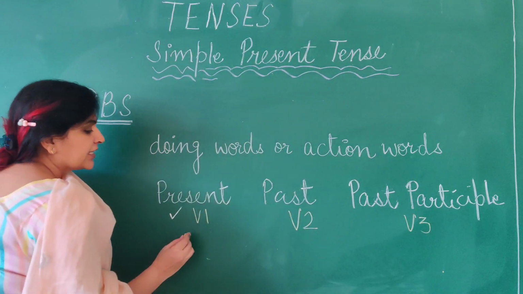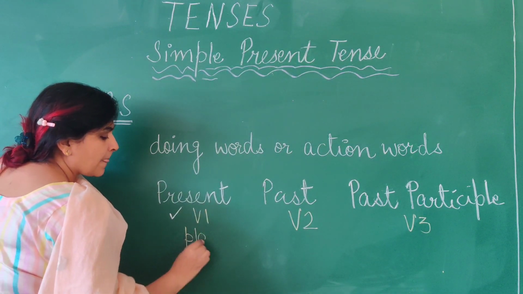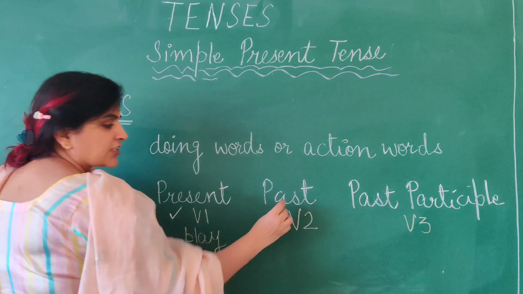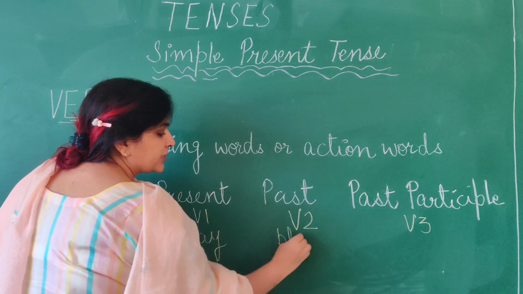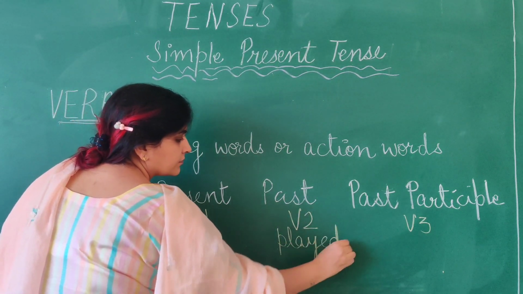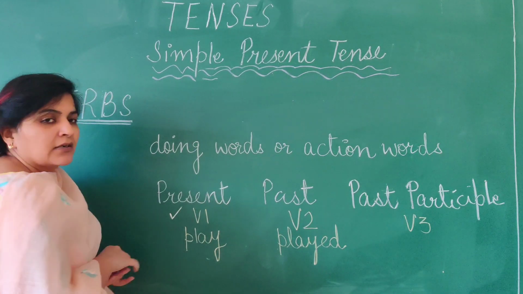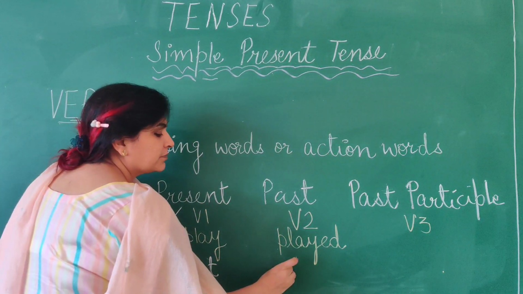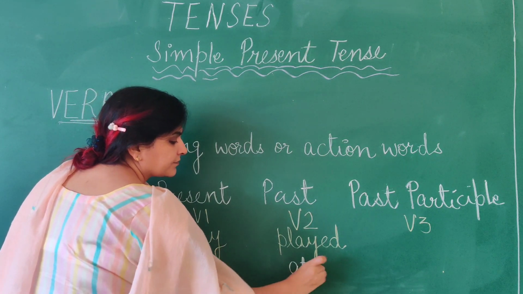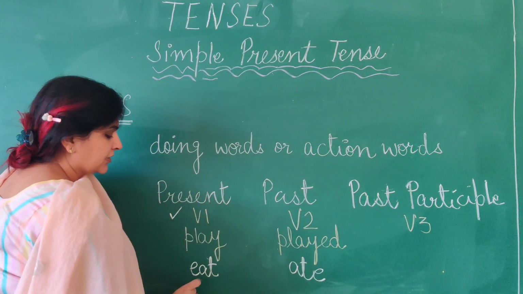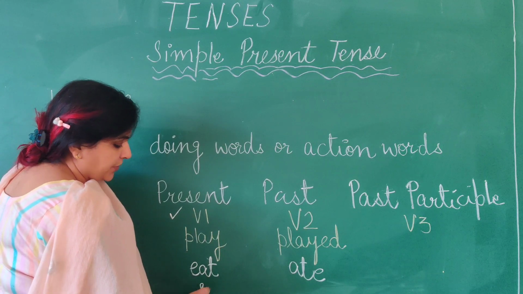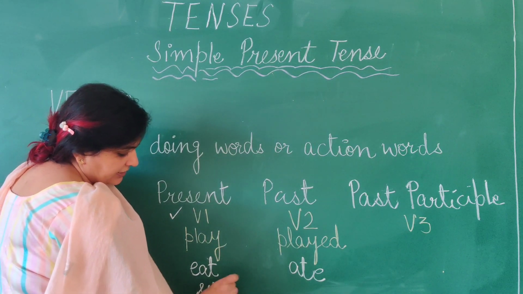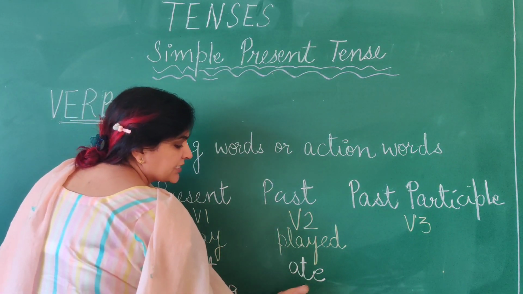For example, if we say play, the past of play would be played. If we say eat, past form will be ate. And let's take something else, sing maybe. Sing, the past form is sang.